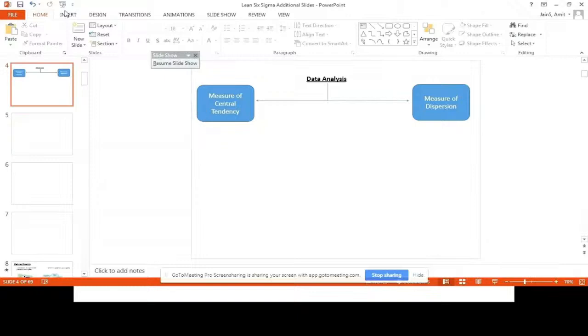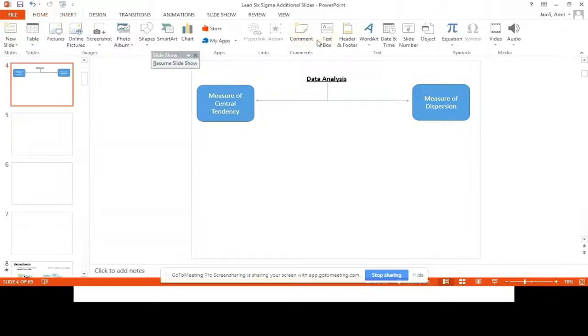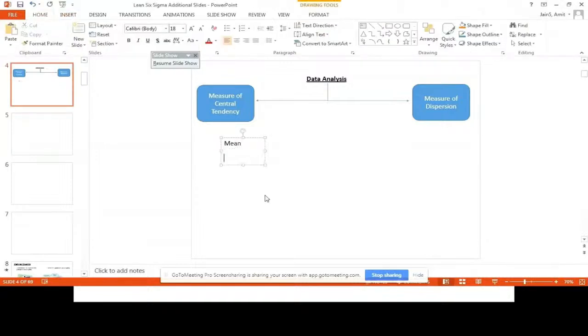So that is one of the measures of central tendency. We call it mean or average. And there is another way called median, and a third way called mode.